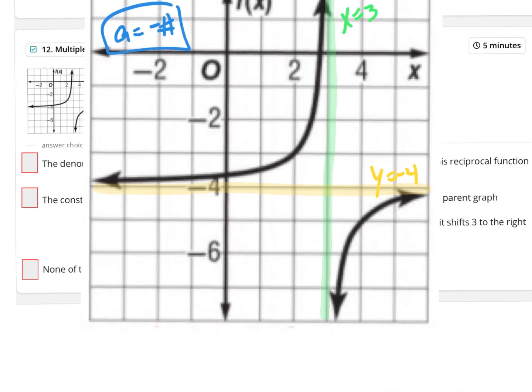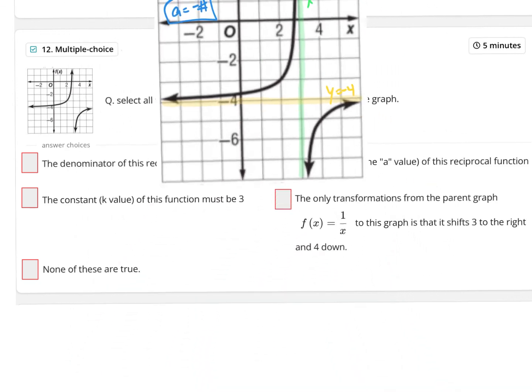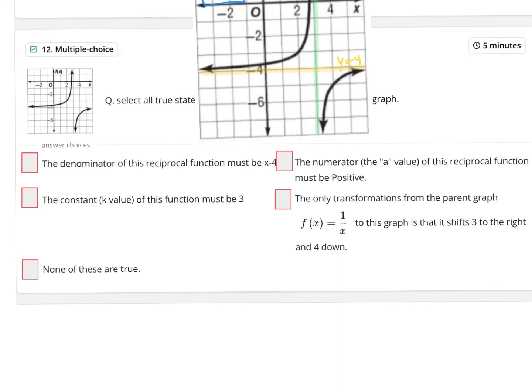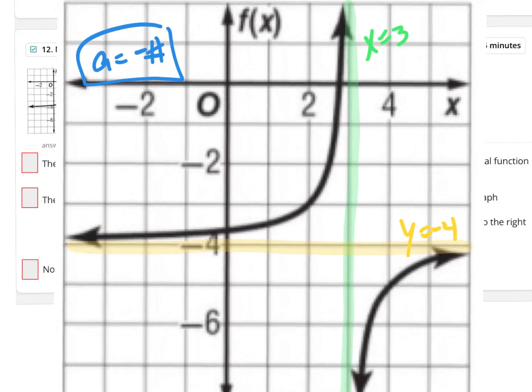Anyways, we've analyzed this graph already. Let's take a look at the statements that it has right here. It says the denominator of this reciprocal function must be x minus 4. Well, let's look at it again. We don't actually have the function itself, but we could start writing it. F of x equals a fraction where your a value is up on top.